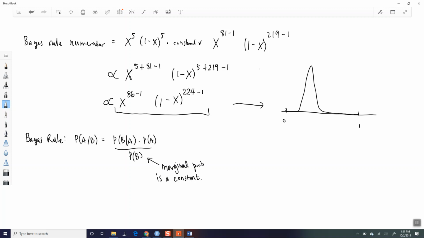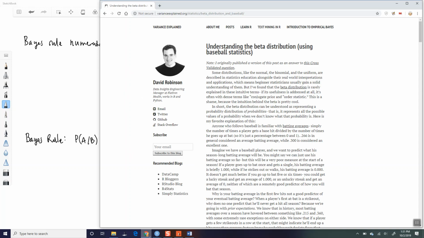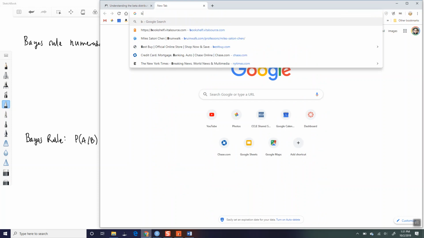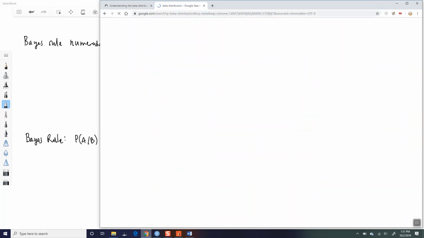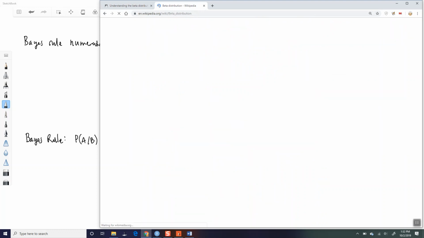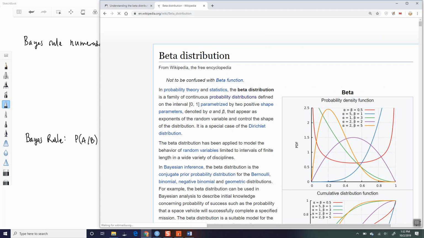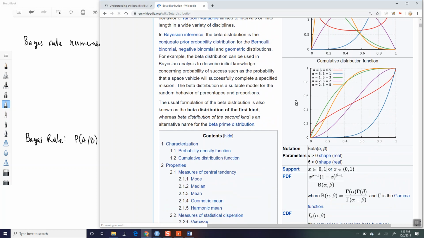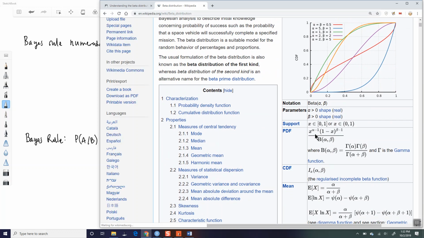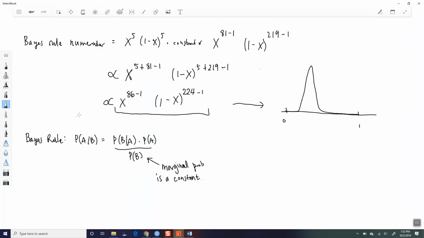And so, again, the beta distribution already includes the constant that gives us our answer. Here we have this, and the numerator in the beta distribution looks exactly like this.